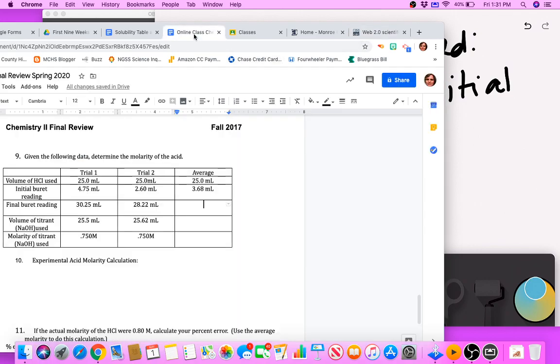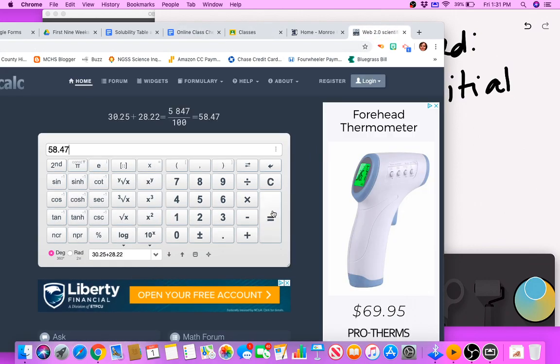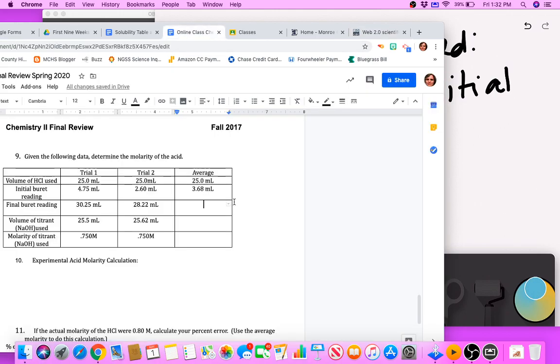And let me look again and make sure that's right. 30.25, my memory's not very long sometimes. So equals, and then divided by 2 equals. And I get 29.235. Again, I'm going to need 2 places past the decimal, so 29.24 is what I'm going to put here. 29.24 milliliters.